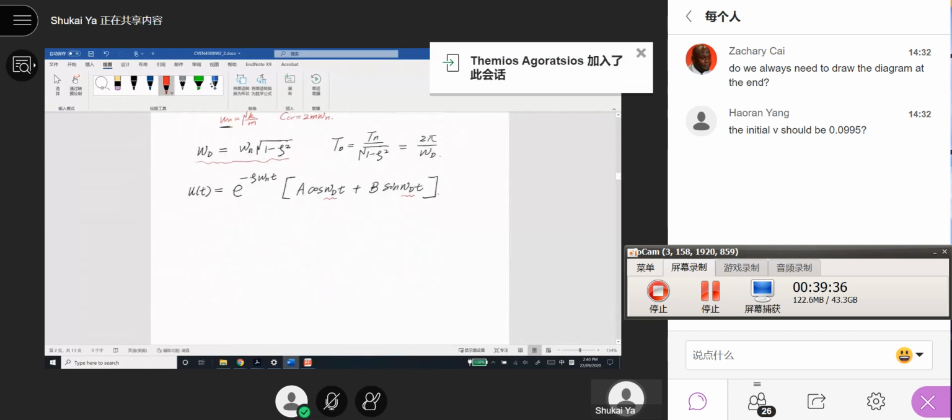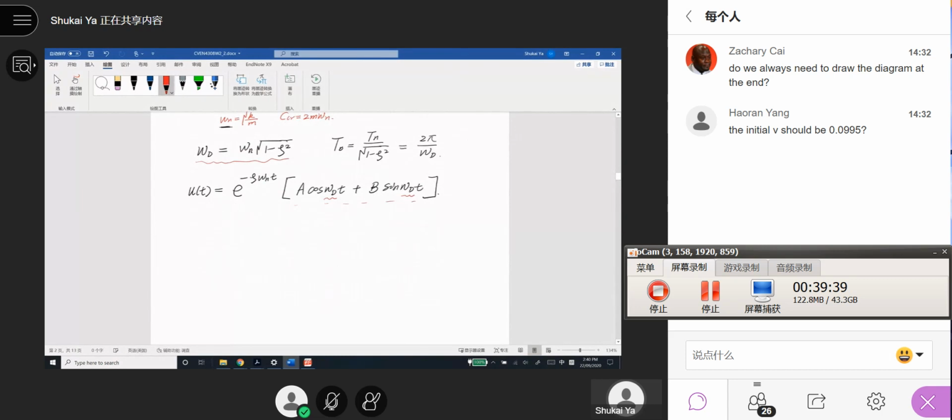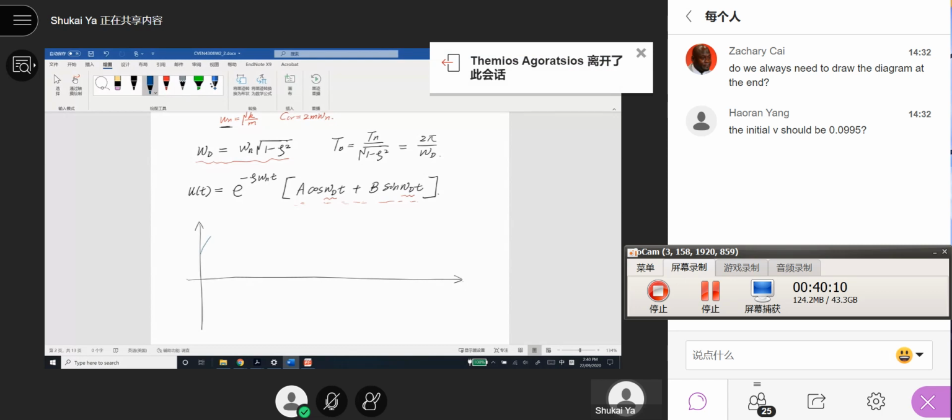From the expression, you can imagine this part, the exponential, should have a decaying envelope shape. This part should have a similar shape to before.